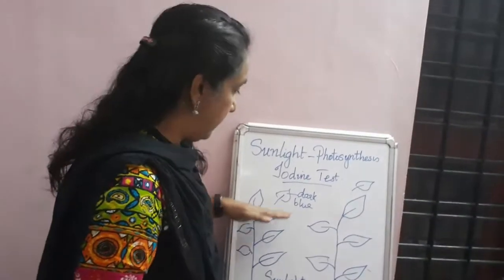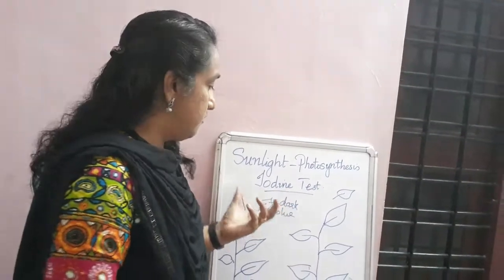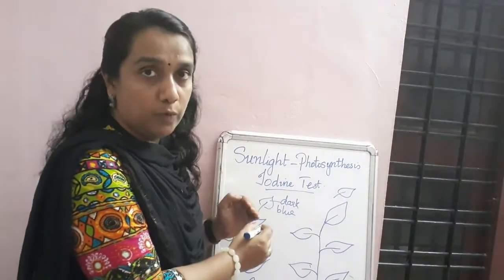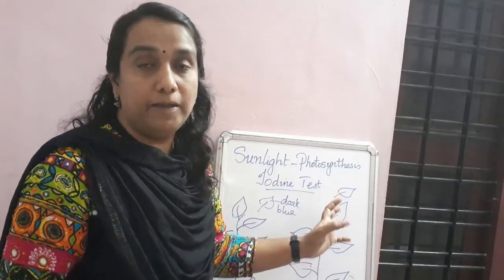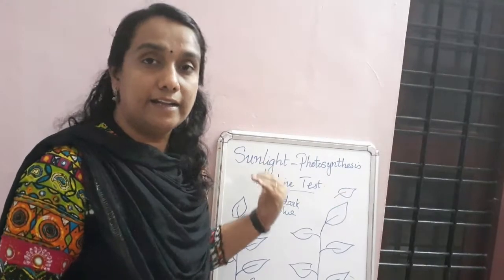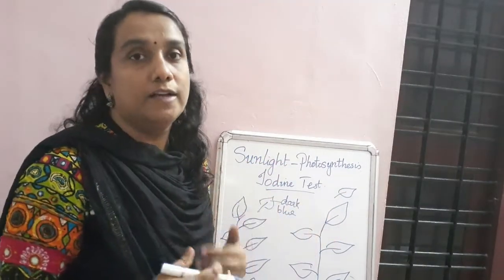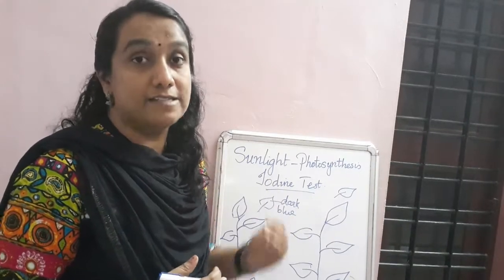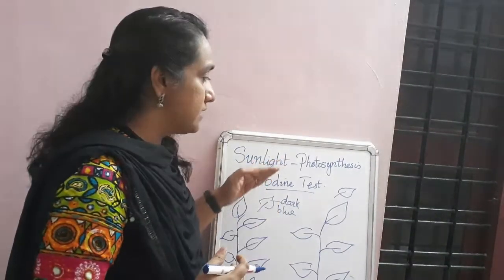In this case, the plant which I kept in sunlight will have a leaf that is blue in color, and the plant which I kept in the dark room will be brown in color after the iodine test. So this is a very important test to infer that sunlight is very important for photosynthesis. That is known as the iodine test.